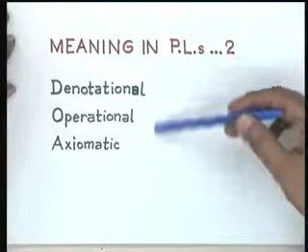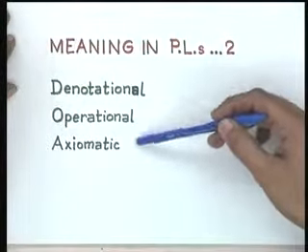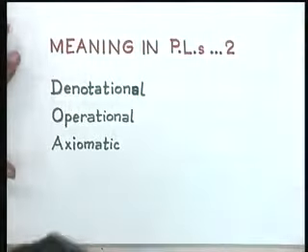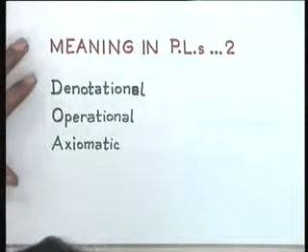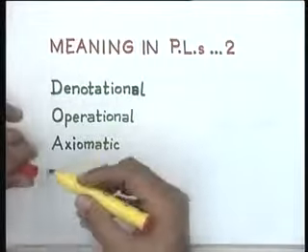And the last is the axiomatic, which is what presumably one should use as a user, and all these three viewpoints should somehow be equivalent. And the equivalence of all these three viewpoints is called the full abstraction problem.